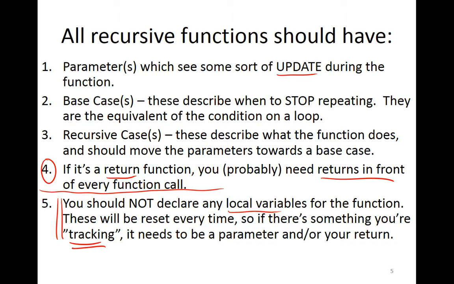So if there are things you want to track like that, then those things need to be either parameters or the quantity that you're returning. We'll come back to this, because it's a little bit of an art, and probably in words it doesn't make a whole lot of sense, but come back to that idea.